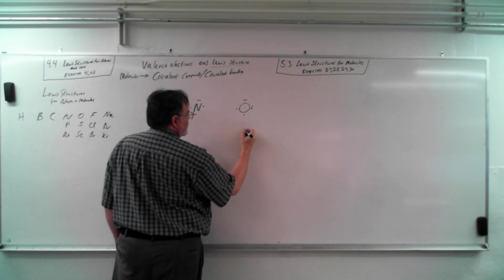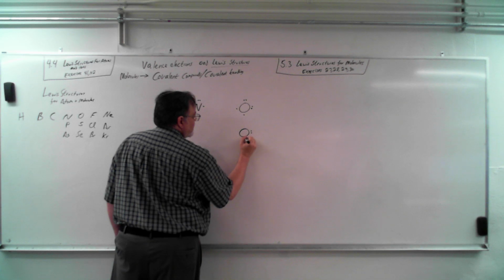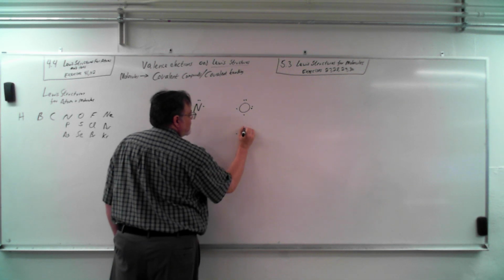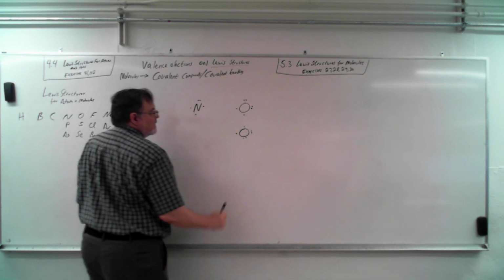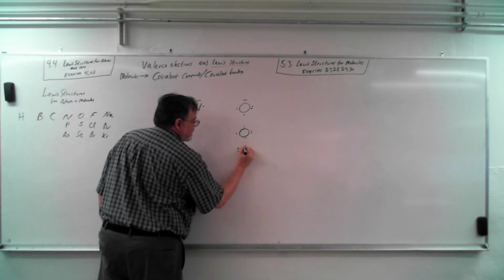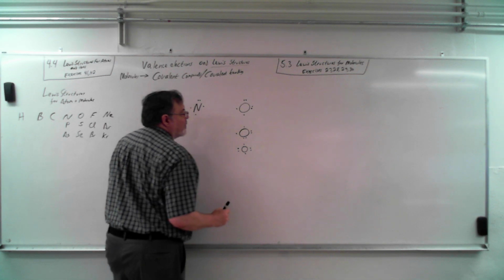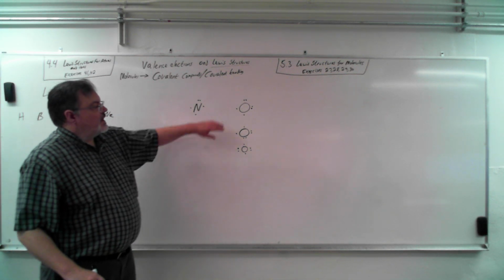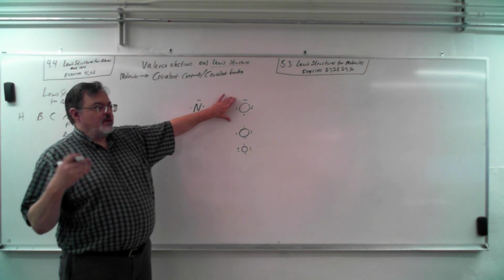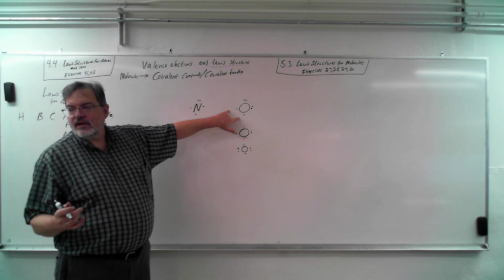Let me point out that the correct Lewis dot structure for oxygen could also be written like this. It could also be written like this. The whole point is, when you're done writing the Lewis structure for oxygen, there should be 2 pairs of electrons and 2 single electrons.